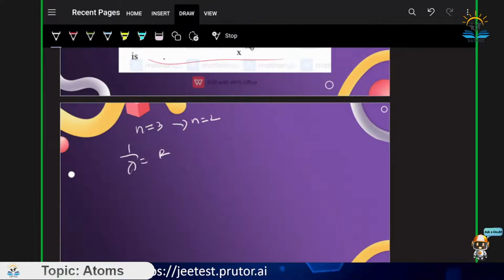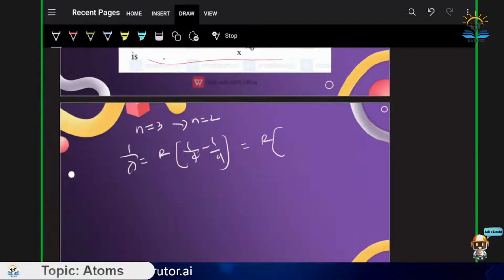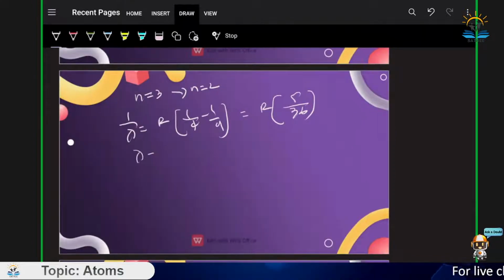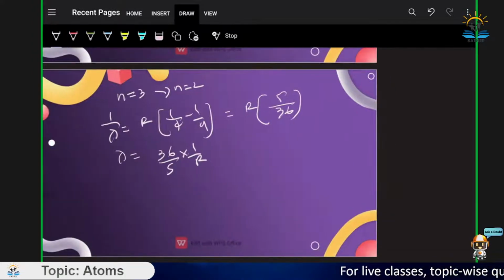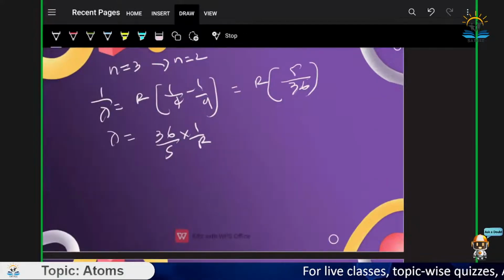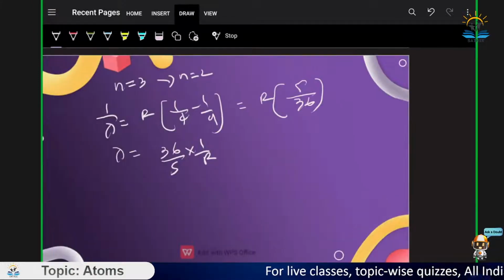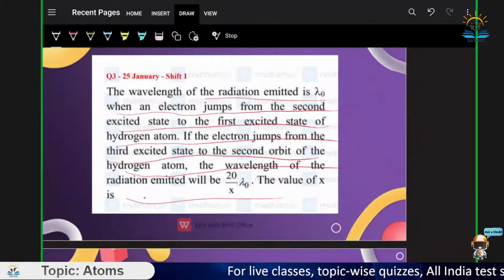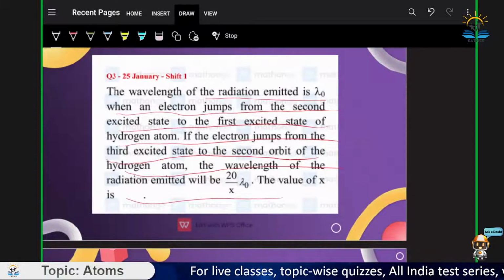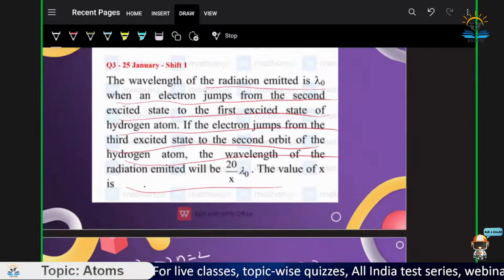So this will be R into 9 minus 4, 5 by 36. So lambda will be 36 by 5 into 1 by R. This is lambda naught.